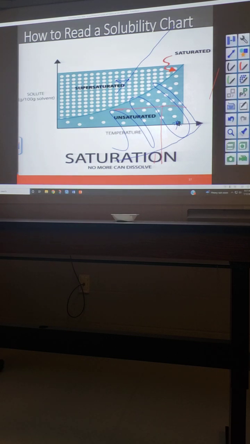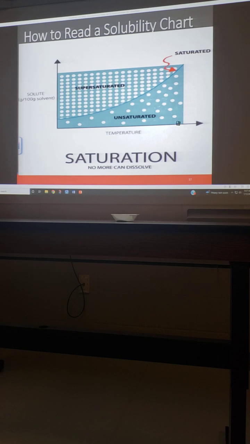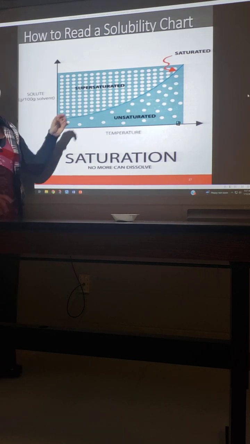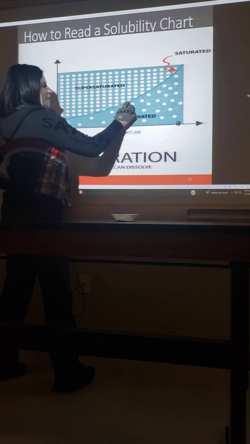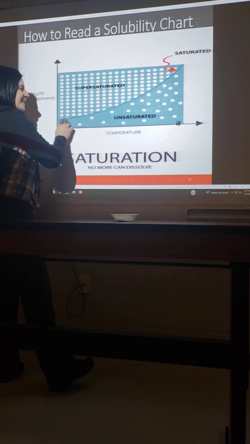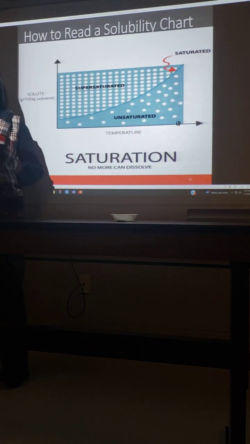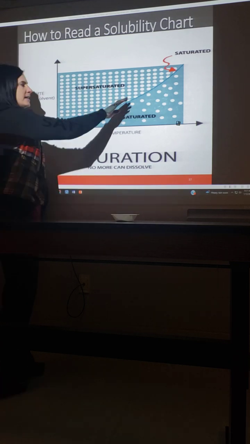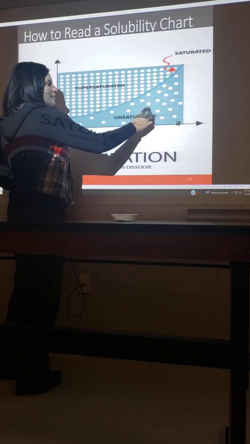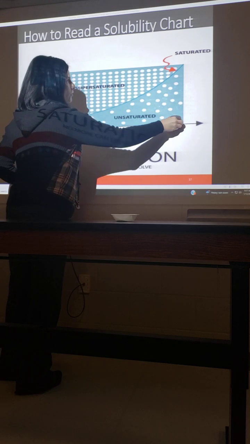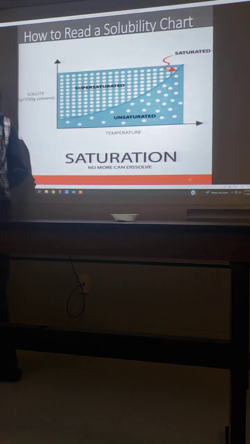Let me get rid of my mess. This is a nice visual. This line right here is the only place where it's exactly saturated. So it's just right. Anything under that, you can see these little white dots are the solute, and it looks like you can fit a lot more of them.